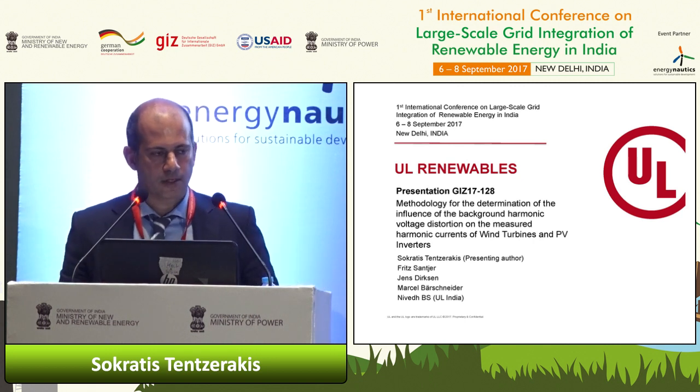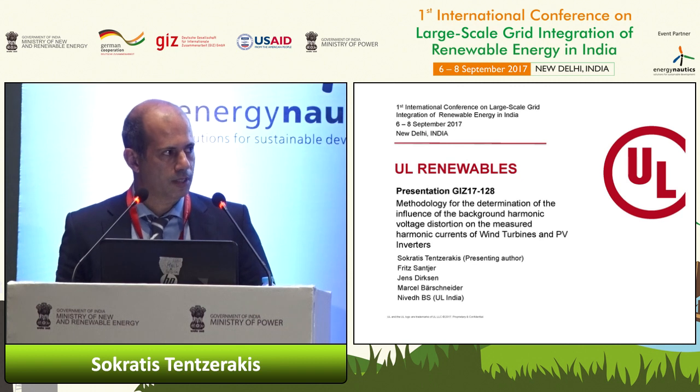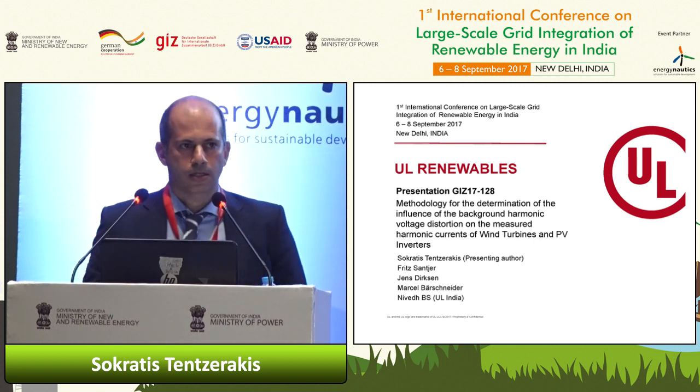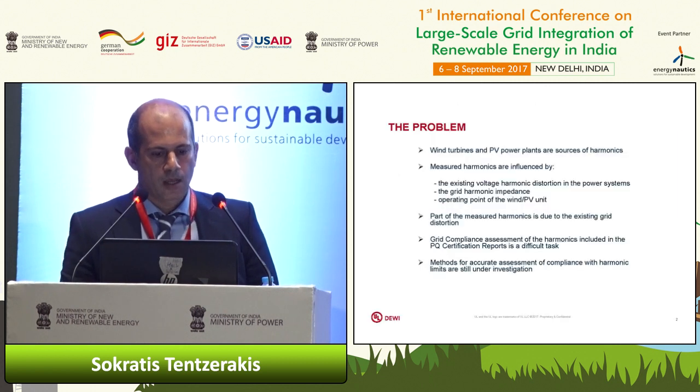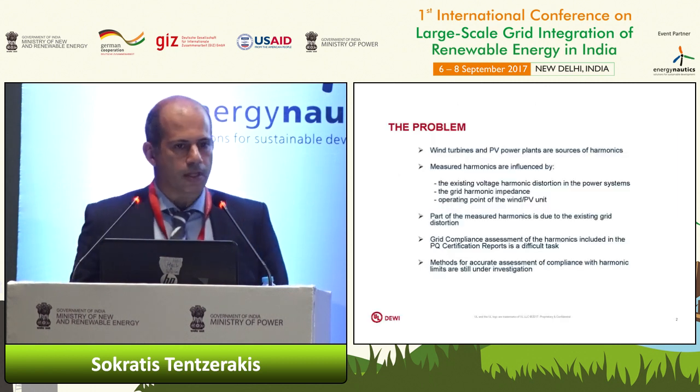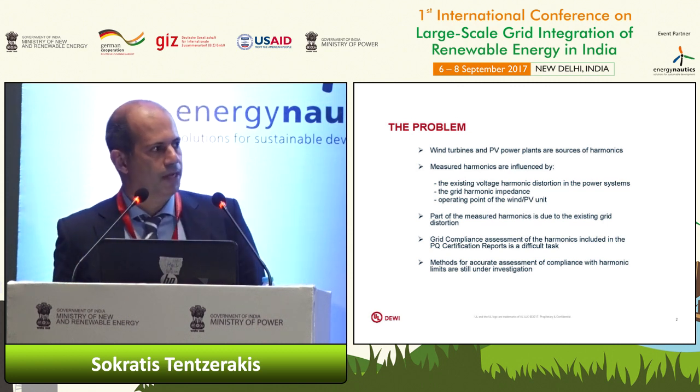So in this presentation, we will concentrate on an issue that may become of high importance for the quality of the power supplied to the customers, especially in systems with high renewable energy penetration. It is known that wind turbines and PV power plants with inverters are sources of harmonics.